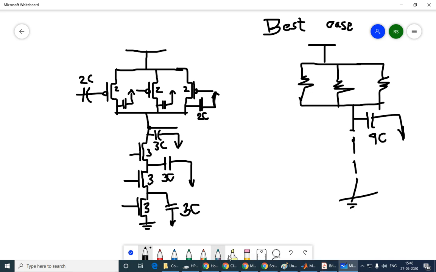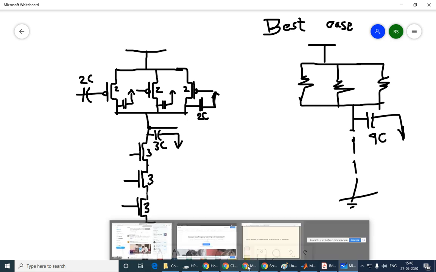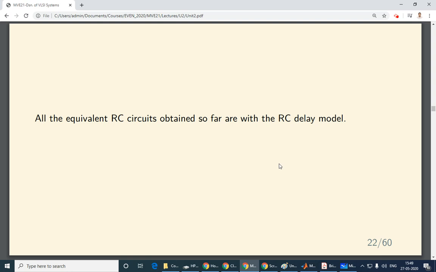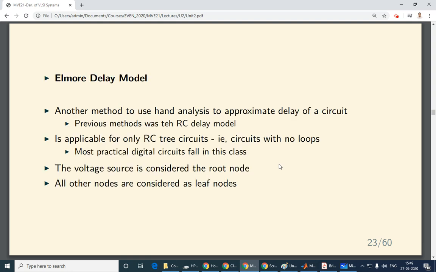If you look at the delay equation, you don't care about this capacitance. We don't care about this capacitance also. But just as we saw in this example, there is going to be a best case and the worst case. The delays are going to be different. So the RC delay model is not going to give us all those answers. For that, we have to go to the next delay model, which is also called the Elmore delay model.